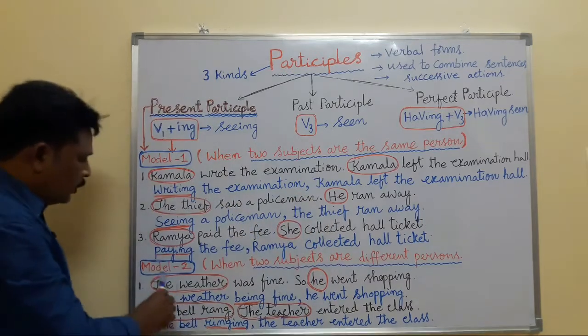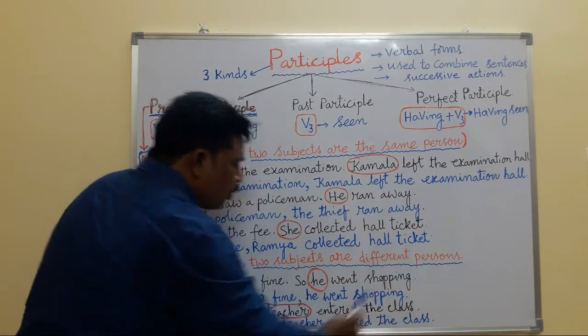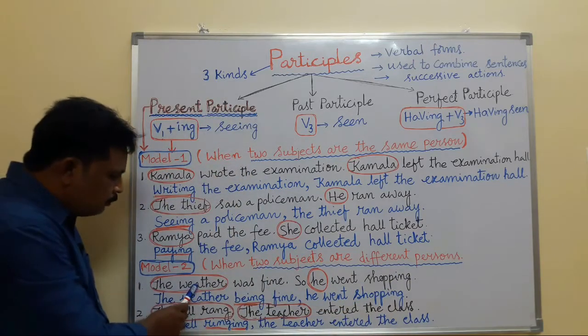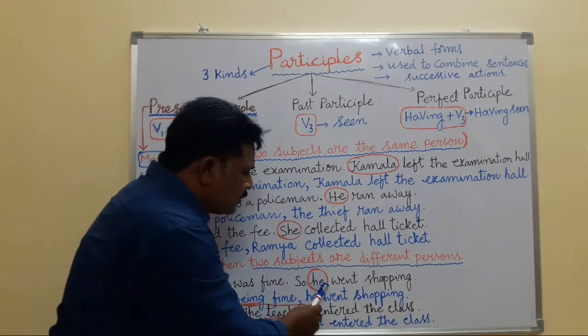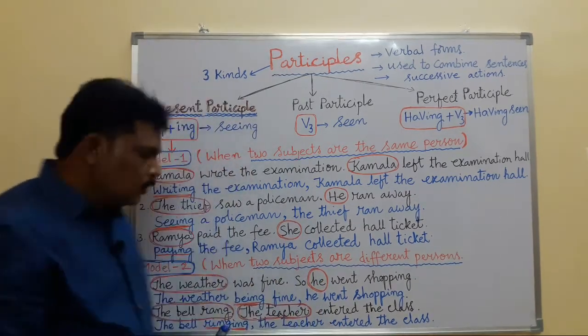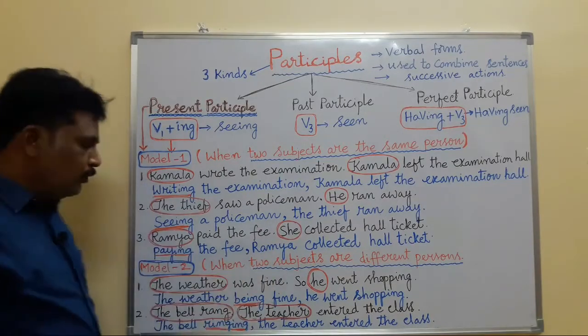Okay, look at this: the weather was fine, full stop. He went shopping. So in the first sentence, the subject is weather, and in the second sentence the subject is he. So these two subjects are not the same, two different ones.